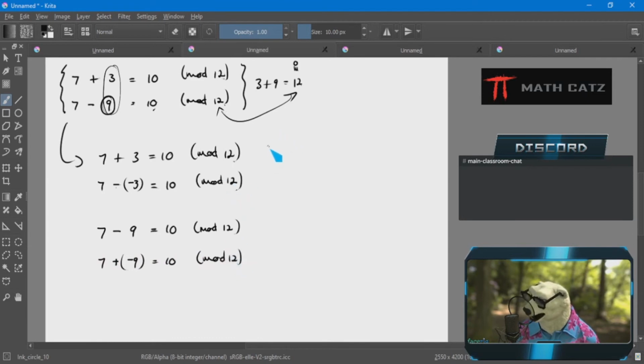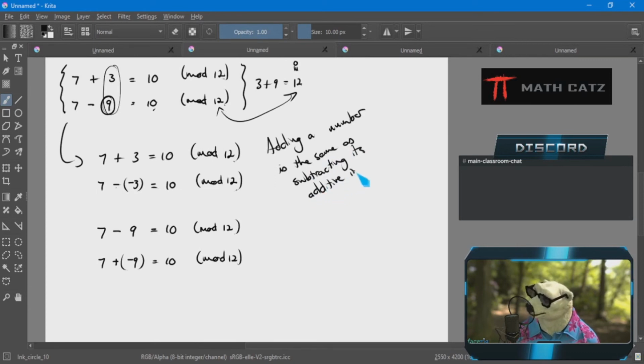Now this is just by example, so we'll write that out here. Adding a number is the same as subtracting its additive inverse.